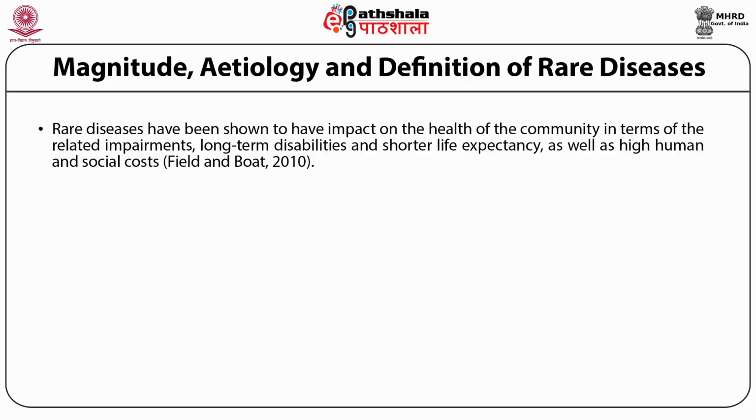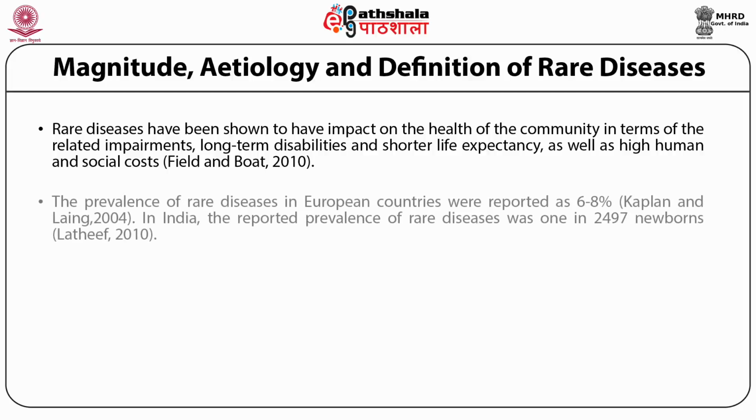It is estimated that about 6,000 to 8,000 rare diseases are known to exist. The prevalence of rare diseases in European countries was reported as 6 to 8%. In India, the reported prevalence of rare diseases was 1 in 2,497 newborns.